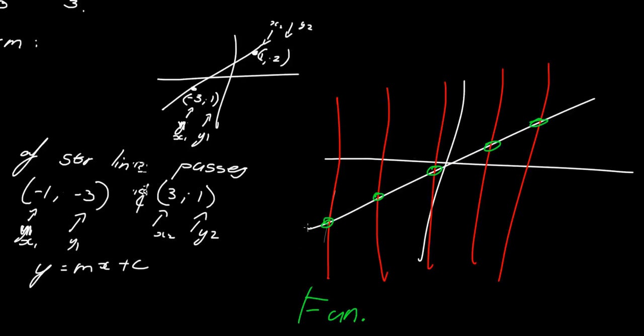If we had a case like this, for example, where one of the vertical lines crossed the function twice, then it would be a relation. But in this case, it only ever crosses once, and it's a function. Then the other question is, is the line continuous?